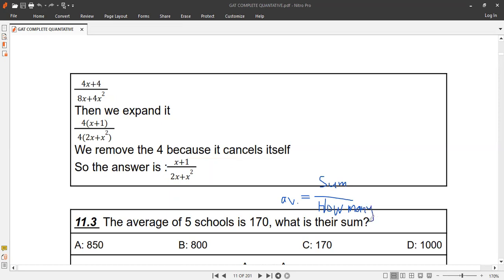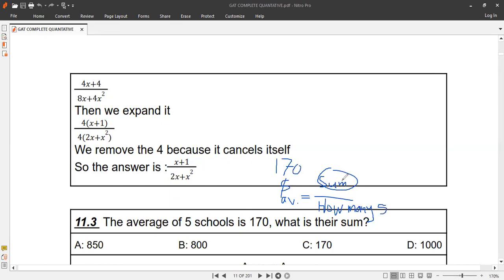If you want the sum, you multiply average by how many. The average is 170, and how many schools do we have? We have 5 schools.